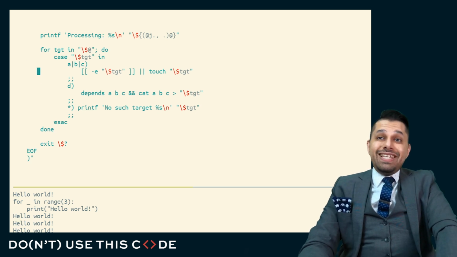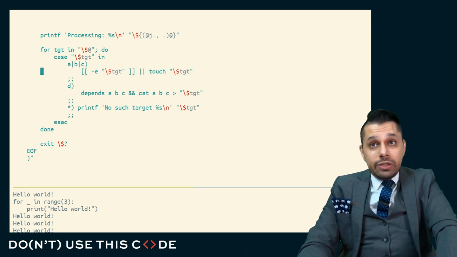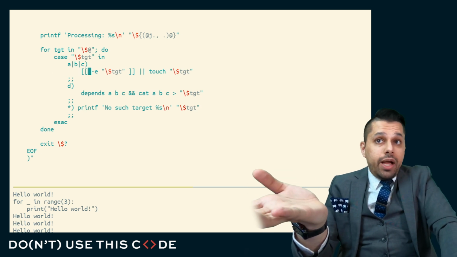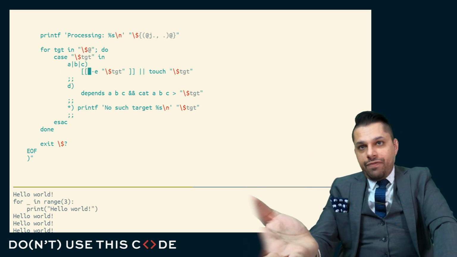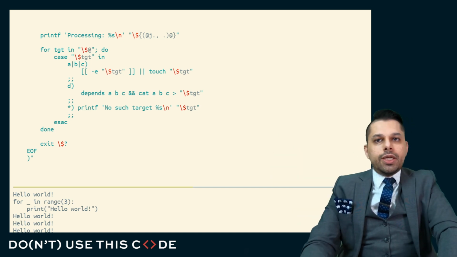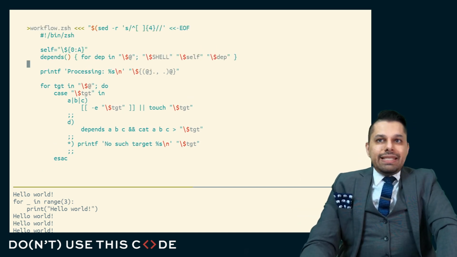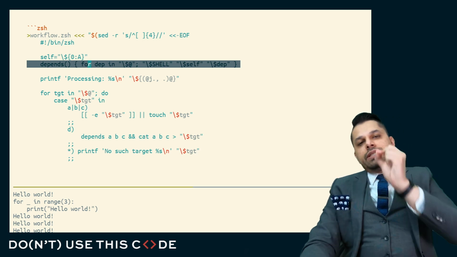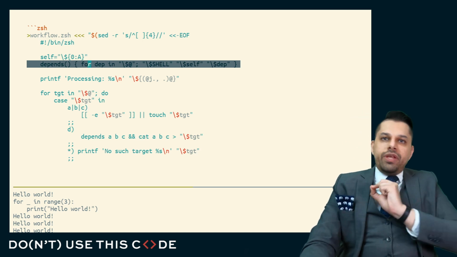If you want to build A, B, and C, you're going to see if this arbitrary predicate, which happens to be does the file exist, and if that arbitrary predicate fails, then you're going to create that file by using the touch command. This depends re-invokes the same script with the names of the arguments.